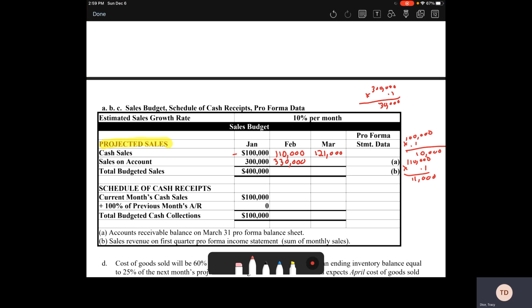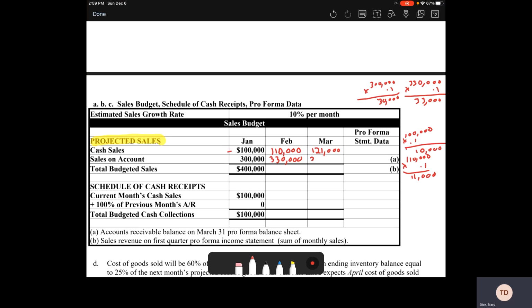And then we do that same process again for 330,000 to figure out what our increase is going to be for the next month. And we should find that we are growing 33,000. When we add them together, we get a total of 363,000.